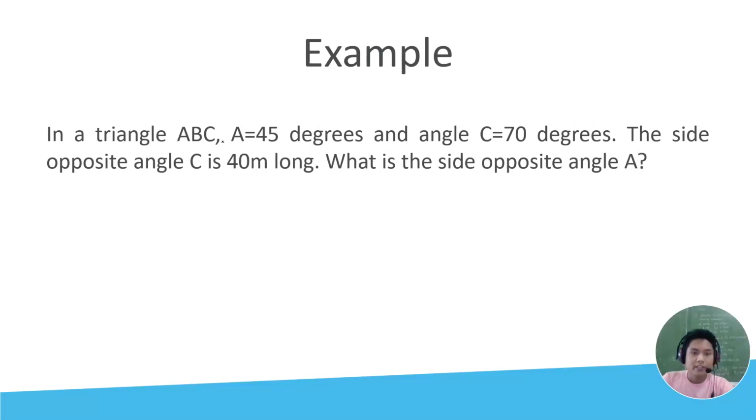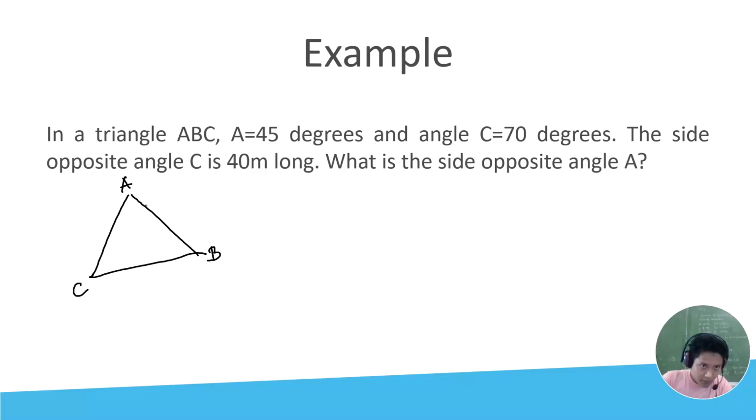In a triangle ABC, where angle A is 45 degrees, angle C is 70 degrees, and the side opposite angle C is 40 meters long, what is the length of the side opposite angle A? So draw first the triangle so that we can visualize the given angles and sides.